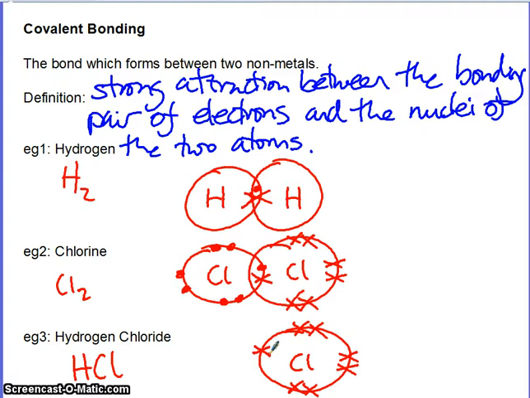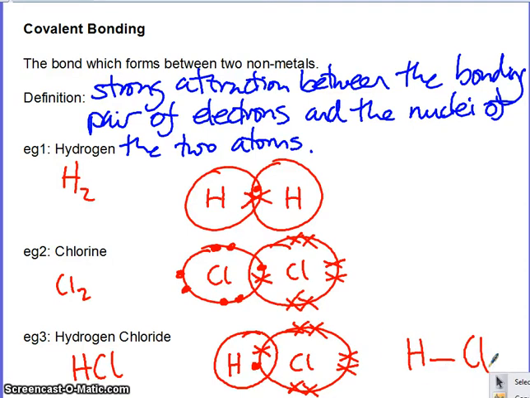How do you think chlorine could acquire 8 electrons in its outer shell? The answer to that is it picks up that extra electron from the hydrogen. So we form a covalent bond with the hydrogen. Chlorine now has a full outer shell, 8 electrons. Hydrogen also now has a full outer shell. Hydrogen only requires 2 electrons for a full outer shell. So that's a stable molecule with one covalent bond. And sometimes we might draw it as H-Cl, just to show hydrogen and chlorine have been bonded together.